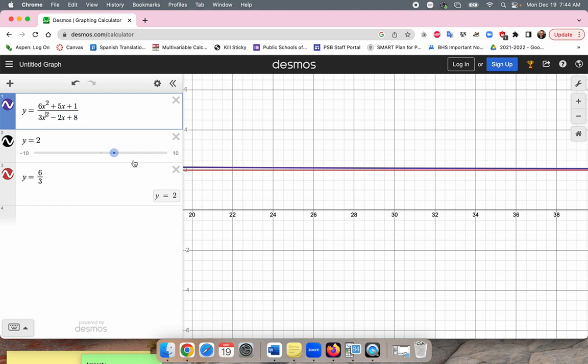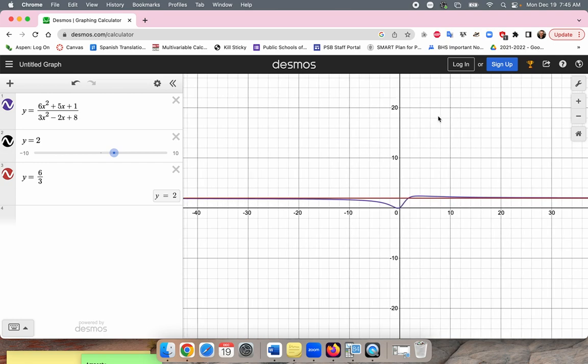So for large values of x, this term is so much bigger than the other terms that it really just dominates them. In other words, for very large values of x, this function can basically be seen as just the ratio of these two terms, because they so dominate the rest of the expression. And if you look at the ratio of these two lead terms, the x squareds cancel, and you just have 6 over 3, which is 2. That's kind of the explanation for what's going on there.